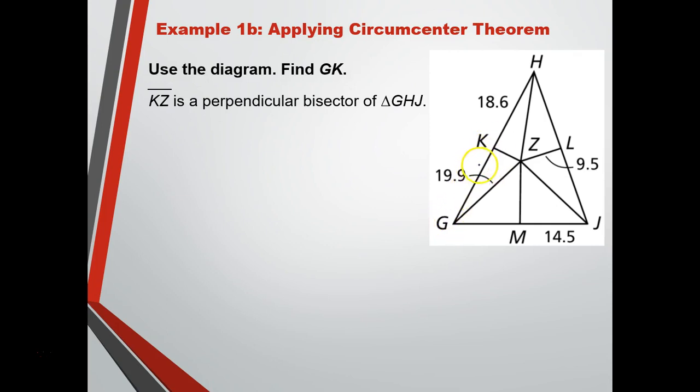So again, KG, if KZ is the perpendicular bisector, then we should know that GK and KH are congruent to each other. So the measurement of GK is going to be the same as KH, which is 18.6.